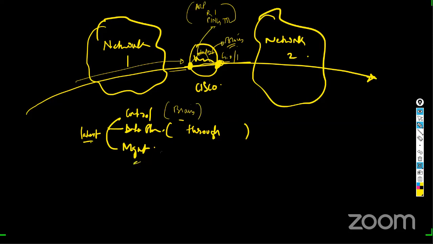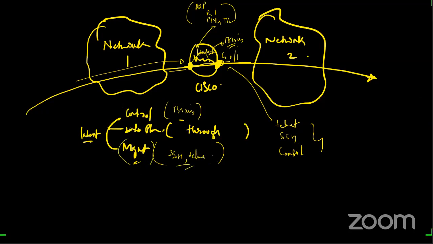Now what is management? Management is all your telnet traffic, SSH traffic, console traffic. All these are your management traffic. Let me write it this way: telnet, SSH. So do you think management is a control or a data plane?